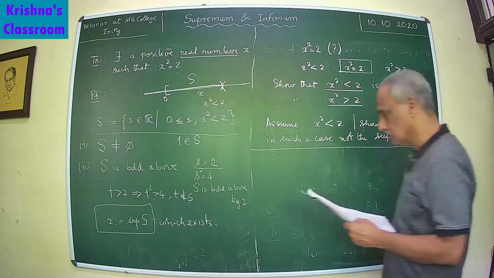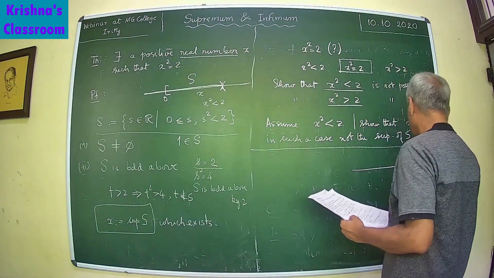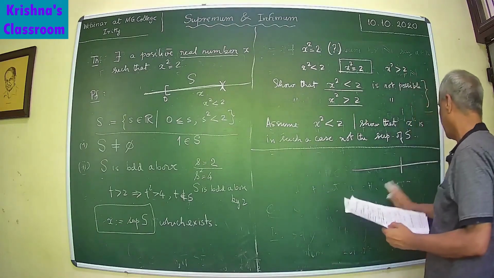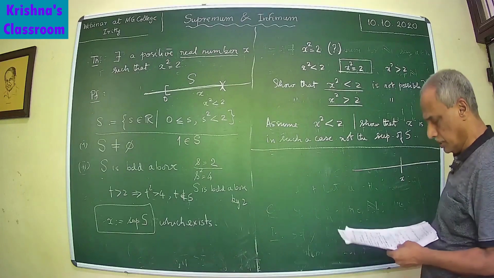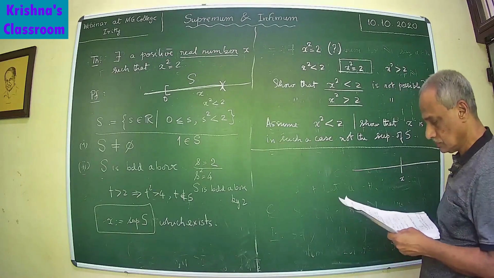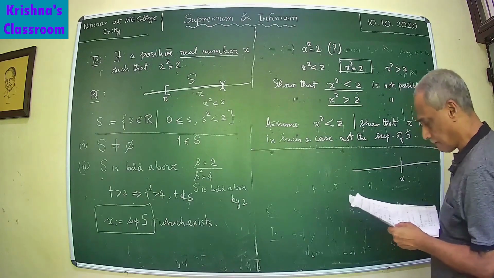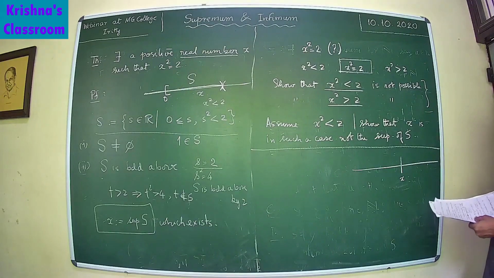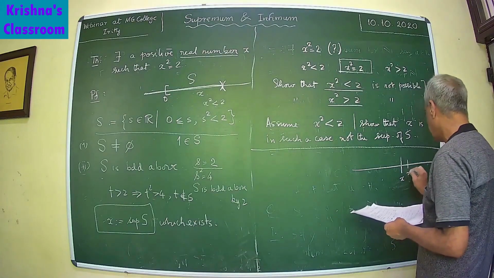Okay, so how do you prove that this x is not the supremum? What you can do is find x plus 1 by n.